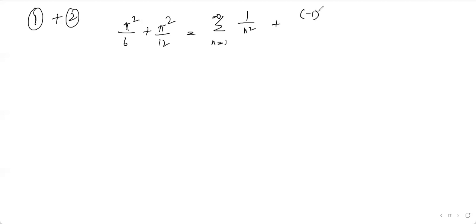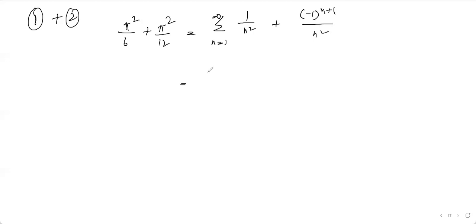Now adding 1 and 2, we have pi square by 6 and pi square by 12 on the left hand side. On the right hand side, we have summation n equals 1 to infinity 1 by n square plus minus 1 to the power of n plus 1 by n square.